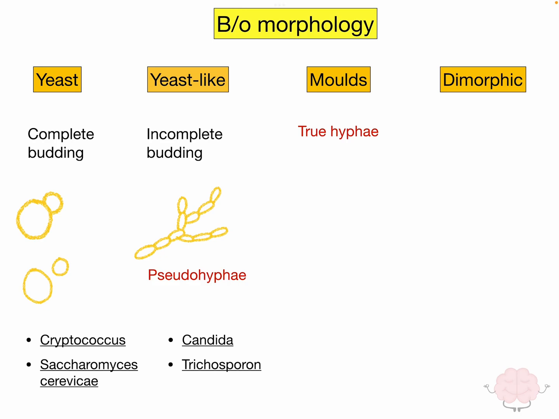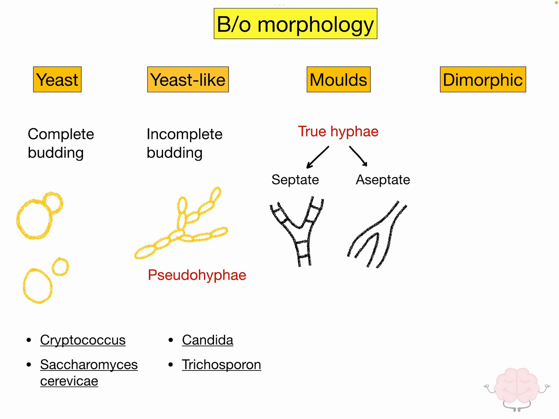Molds. So mold has true hyphae. True hyphae means they have a long, slender, filament-like structure. These filament-like structures can be of two types, septate or aseptate. In case of septate, the filamentous hyphae has septa, meaning it has transverse partitions in that hyphae, while in case of aseptate ones, there are no such septa.